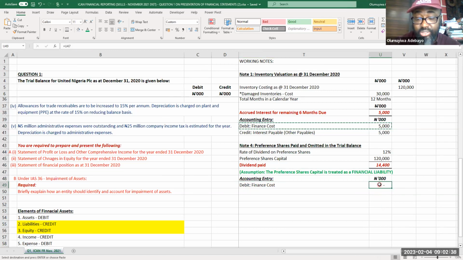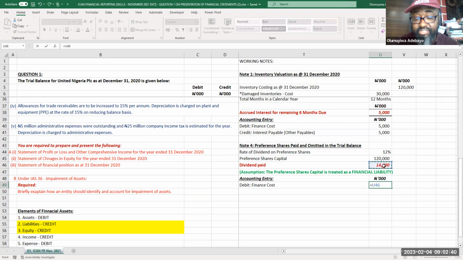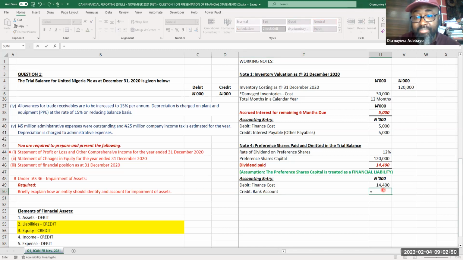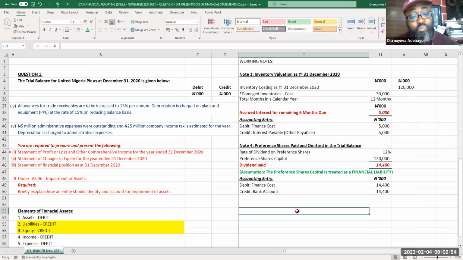And what's the finance cost? 14.4. And since it has been paid, what happens to our bank balance? It reduces. Therefore, we credit our bank balance. And that is that for now.